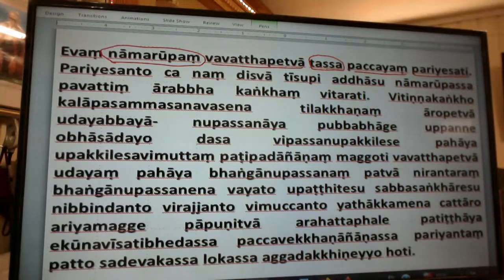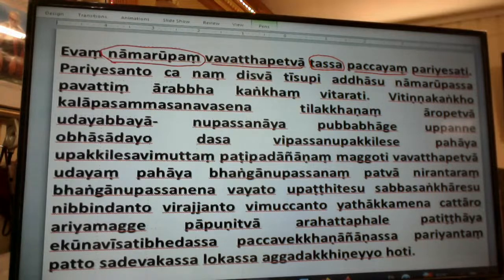That's why, after namarupa vavatthapetva, after separate analysis, the meaning is that in every single moment you practice Vipassana, just watching namarupa, these two things only you find out.